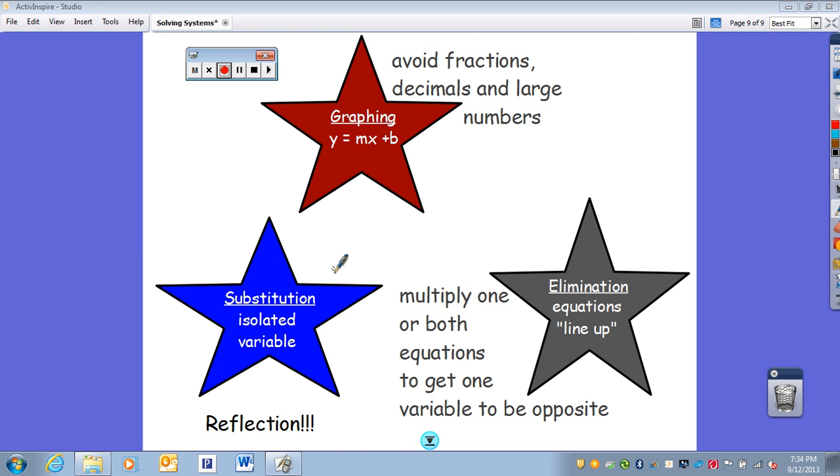For substitution, one of the equations must have a variable by itself, a variable that is isolated. And for elimination, we want to make sure that the equations line up. Then we need to multiply one or both equations to get one variable to be the opposite. Then we add together and finish solving.